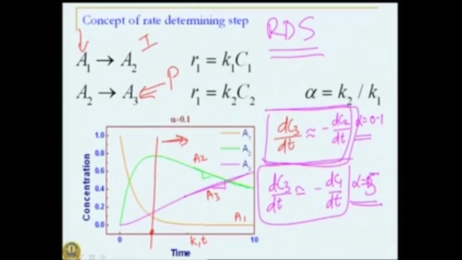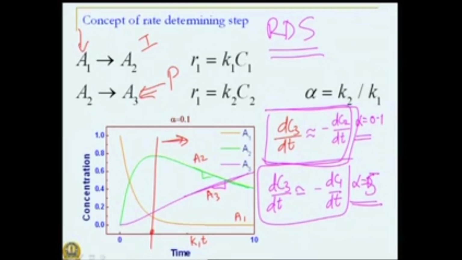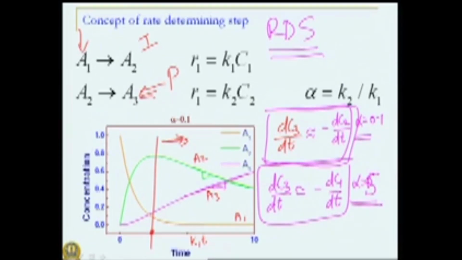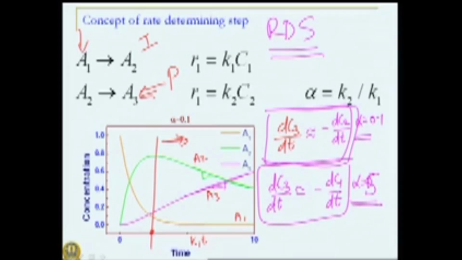We will therefore say that the rate of conversion of reactant to product is determined by the rate of these slow steps, one or two, whatever that may be. Then we will try to determine the kinetics of the process by applying certain other simplifying assumptions to the remaining steps, and this will be the logic that we follow for determining the kinetics of complex processes.